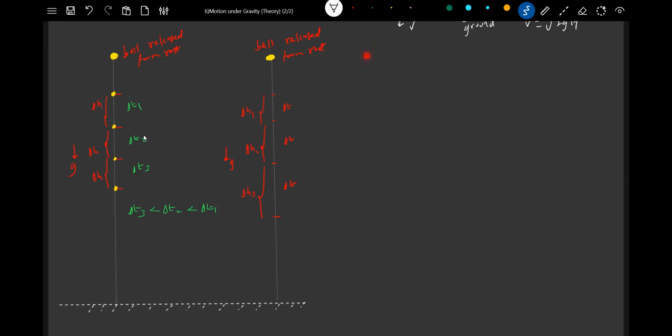For a freely falling object, or a freely falling body or particle, anything you can write. So what is the first thing? Displacements. So the first point here is that the time taken for equal displacements will decrease.